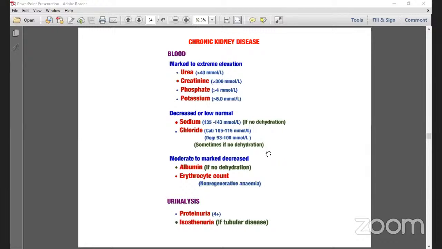So it's non-responsive anemia. But in case of urinalysis, again, we might see a very severe proteinuria and blood by using the urine strip, and also the isosthenuria. Okay, that's one.